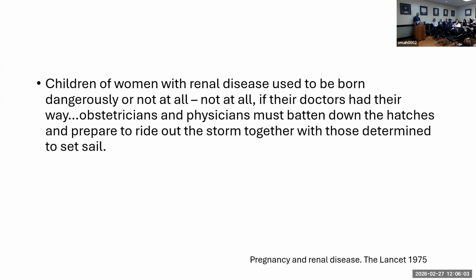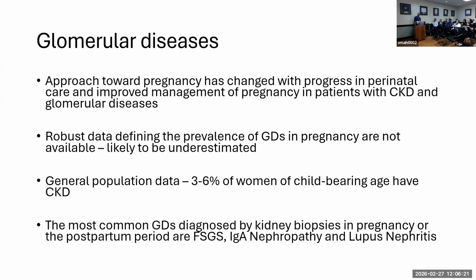I found this a good quote to set the stage, from 1975: children of women with renal disease used to be born dangerously or not at all if their doctors had their way. Obstetricians and physicians must batten down the hatches and prepare to ride out the storm together with those determined to set sail.